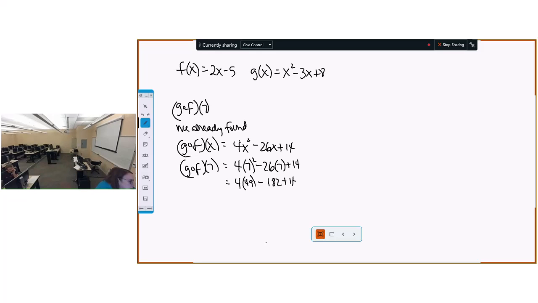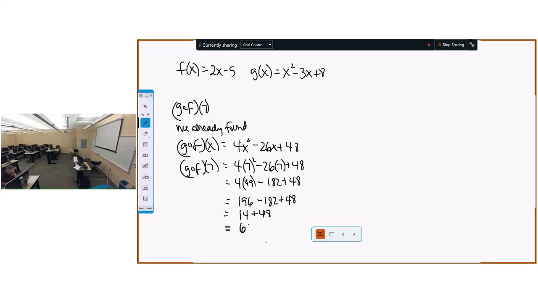So let's erase that. Got to get it right if I'm going to do it. Okay, so 4 times 49 is 196 minus 182 plus 48 gives us 14 plus 48.